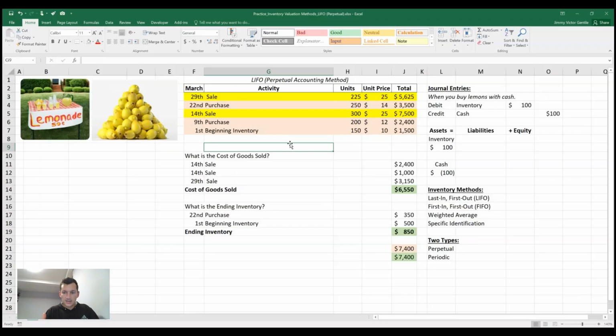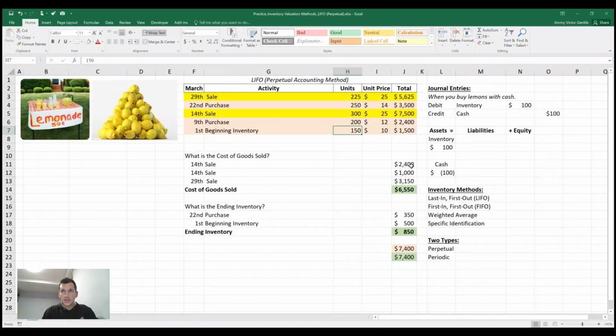Now, using the last in, first out means we grab from the top. We grab the most recent thing from the top and take it out. And so if we sold 300, we are going to take 200 from the top pile and 100 from the bottom pile. As we start going in and grabbing, the pile dwindles down.